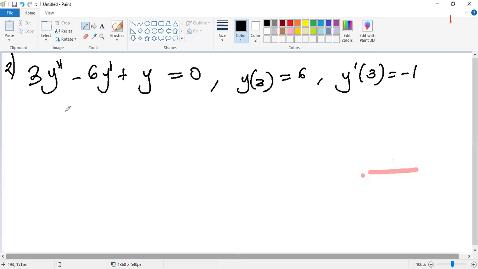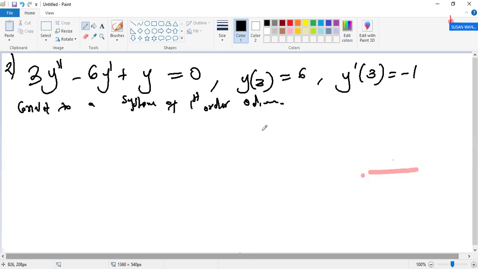Okay, so first of all, convert to a system of first order ODEs. And then after doing that, write the matrix equation. Let's do that very fast, and then you confirm our answers.